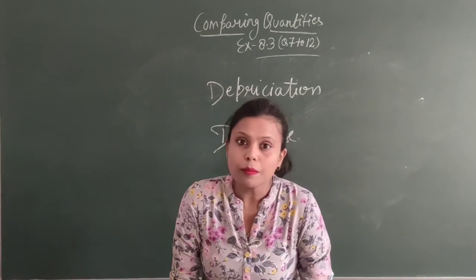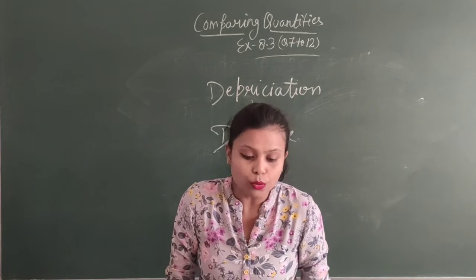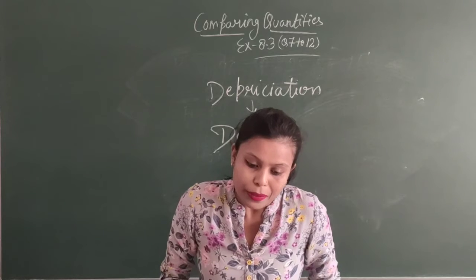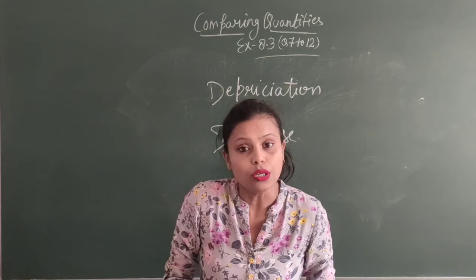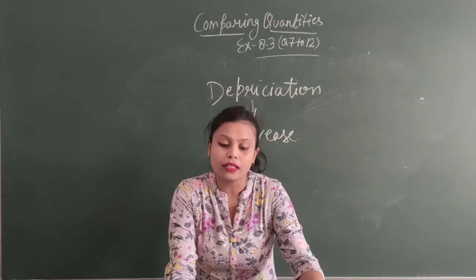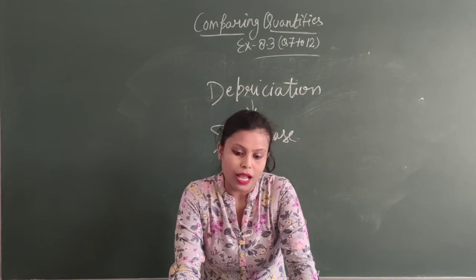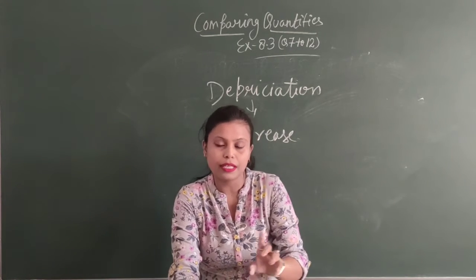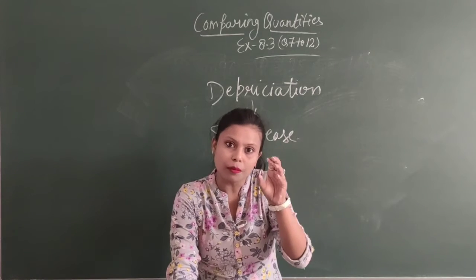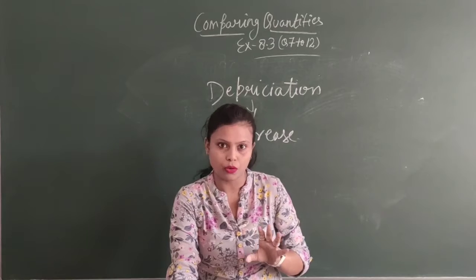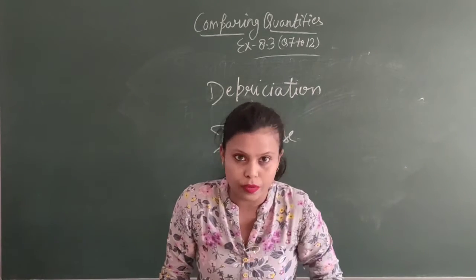So the question is: a scooter was bought at rupees 42,000. Its value depreciated at the rate of 8% per annum. Find its value after 1 year. So someone has bought a scooter for rupees 42,000 and after 1 year he resells it. On reselling, he gets a lesser amount. That lesser amount is at the rate of 8%.